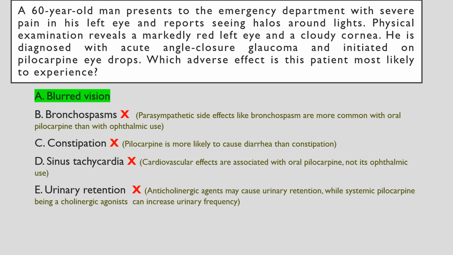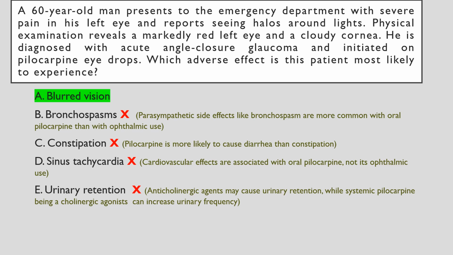C. Constipation is incorrect as pilocarpine may cause diarrhea rather than constipation. Option D is incorrect because cardiovascular adverse effects such as sinus tachycardia and hypertension are reported with oral administration of pilocarpine rather than ophthalmic preparations.